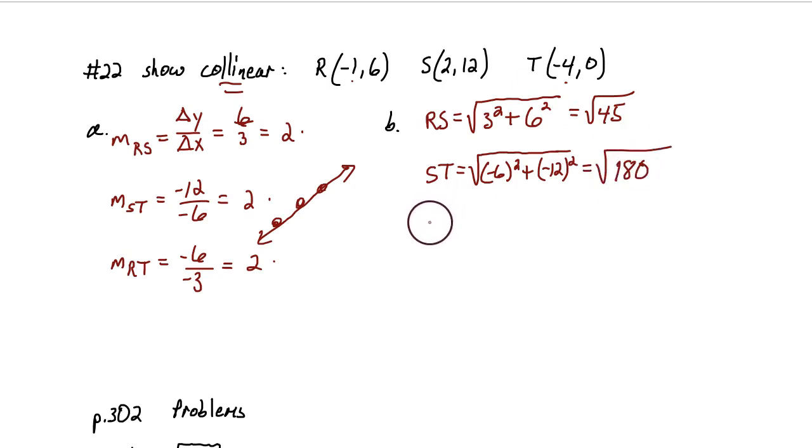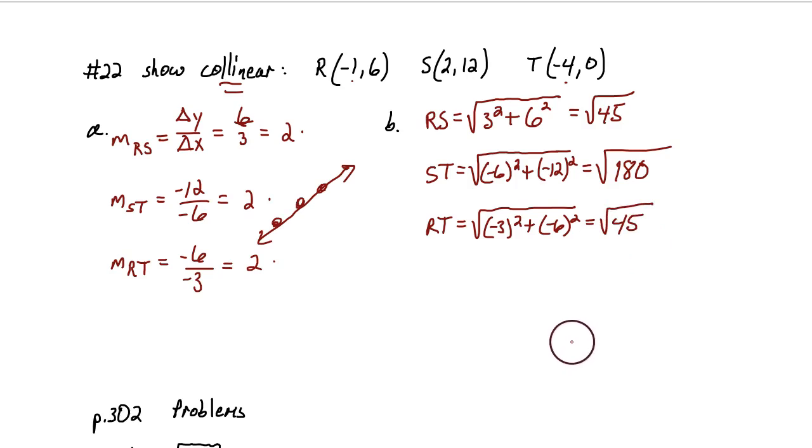Now let's find the distance from R to T. Remember in the distance formula how it's x2 minus x1 squared, y2 minus y1 squared. You're finding the difference of the x's, the difference of the y's. That's what we did when we did slope. The difference of the x's turned out to be negative 3. And the difference of the y's is negative 6. This makes 9 plus 36, which is the square root of 45.